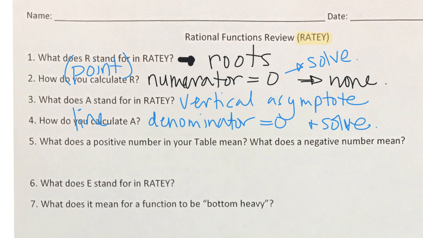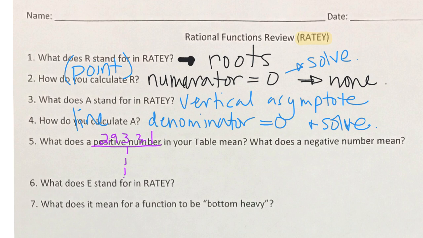And then the T part. The T stands for table, and that's what's happening around your vertical asymptote. Maybe this asymptote is at positive 3. So you go a little bit to the left, like 2.9, and then 3.1, to find out what's going on exactly to the left and exactly to the right.